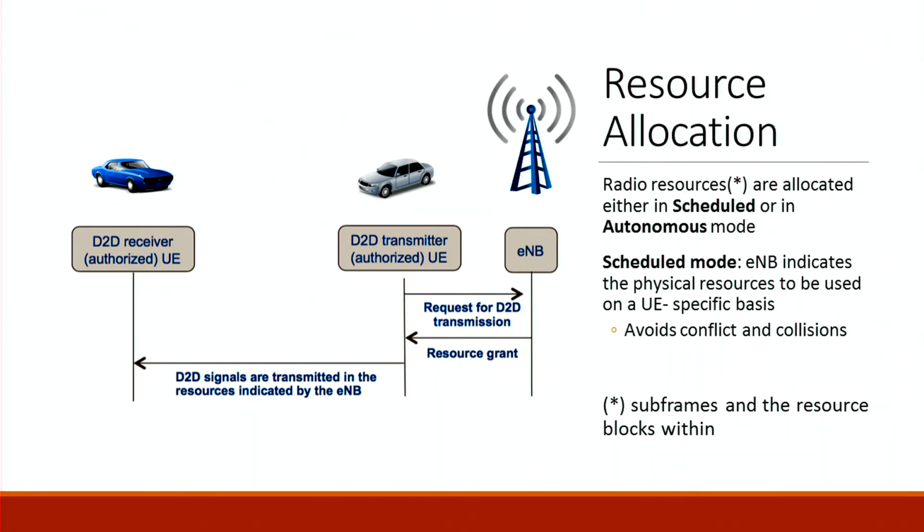So in scheduled mode, the eNodeB will tell you, okay, you communicate using these resource pools. Every time you send something to your group, you just use these resources. You instead will use this other set of resources when you send something. In this way, you never have a conflict.